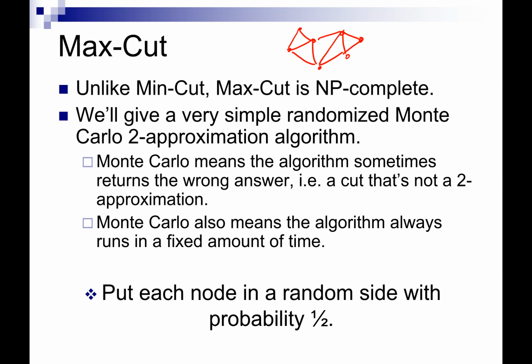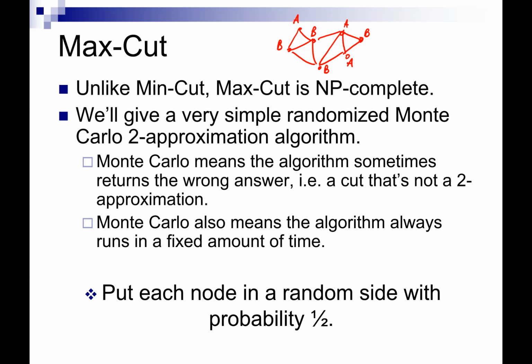We have 2 sides, A and B. So maybe this guy goes on side A, this guy goes on side B, this guy maybe on B again, then B, and then A, and then A, and then B, and so on. We just iterate through all of the nodes, and for each one, we put it randomly on side A or B with equal probability.